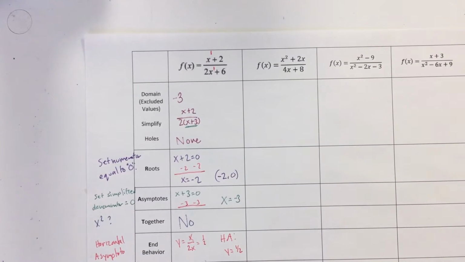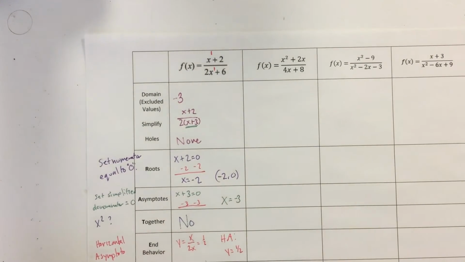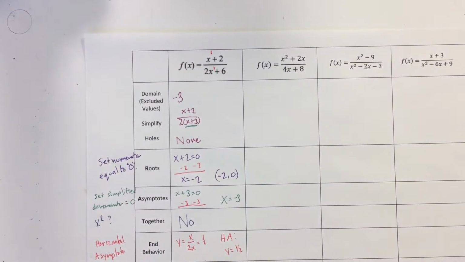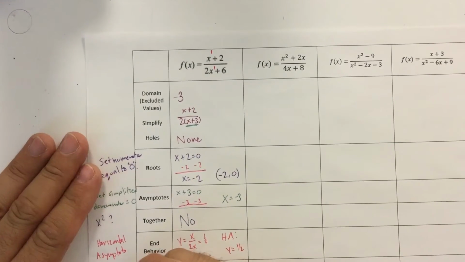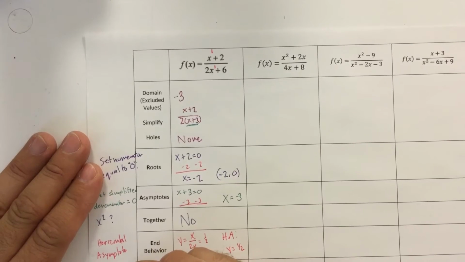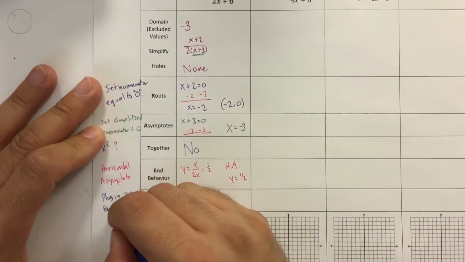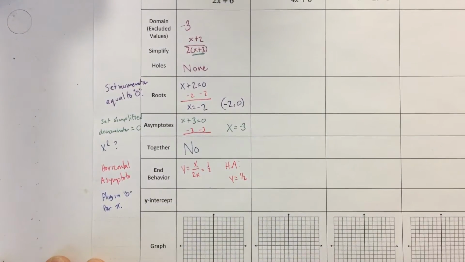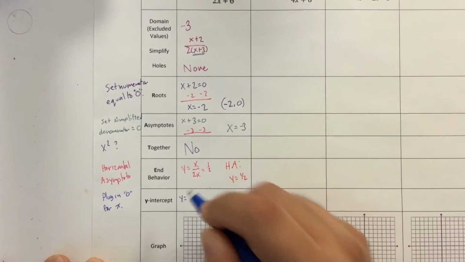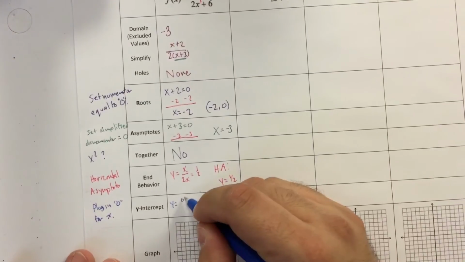All right, y-intercept. That's where x equals 0, so you plug in 0 for x. I go to my original equation. So y equals, on the top it's 0 plus 2.